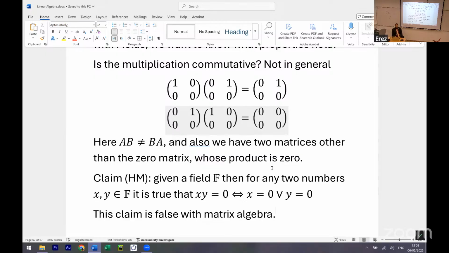Okay, so matrices aren't fields? No, not a field. Matrices are linear functions.